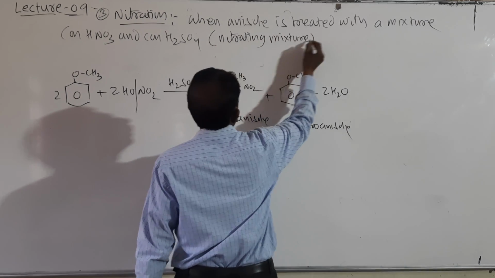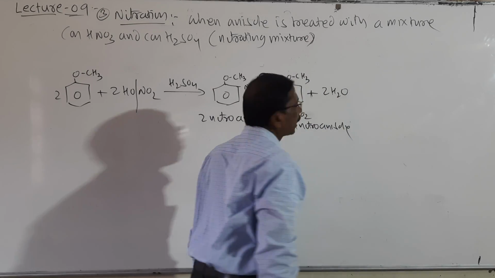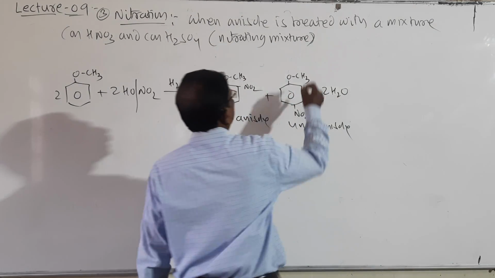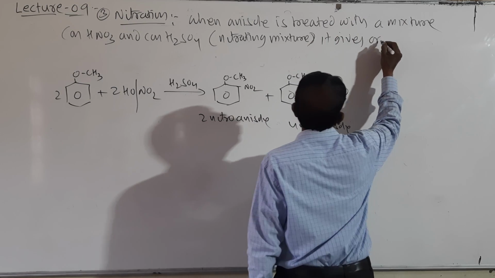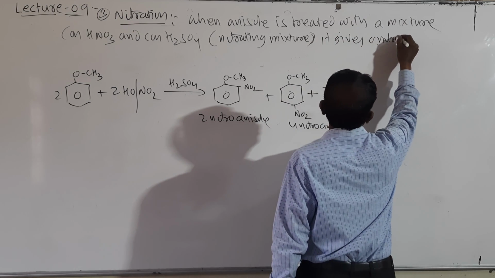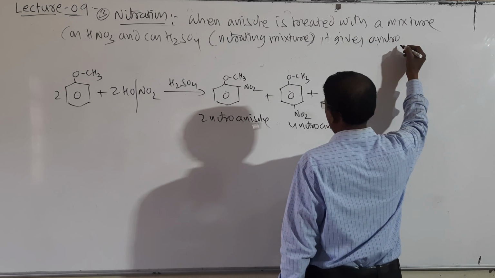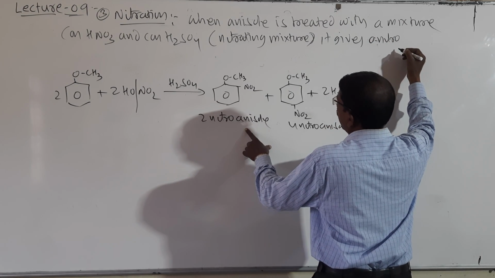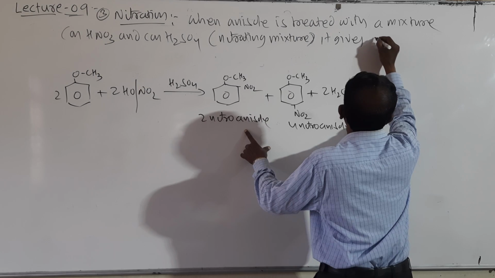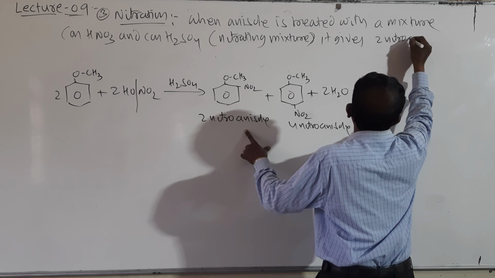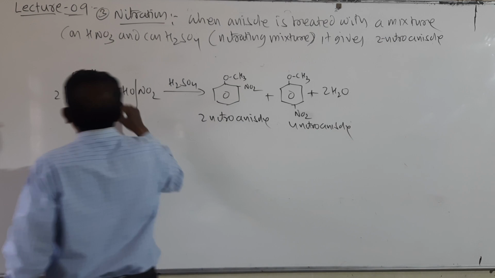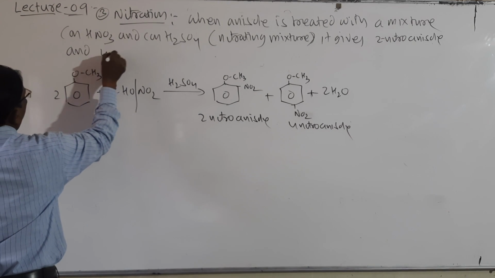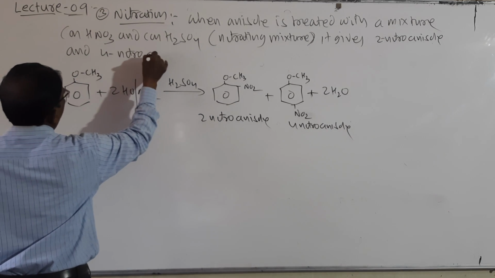When treated with the nitrating mixture of concentrated nitric acid and concentrated sulfuric acid, it gives ortho nitroanisole, or you may write 2-nitroanisole, and 4-nitroanisole.